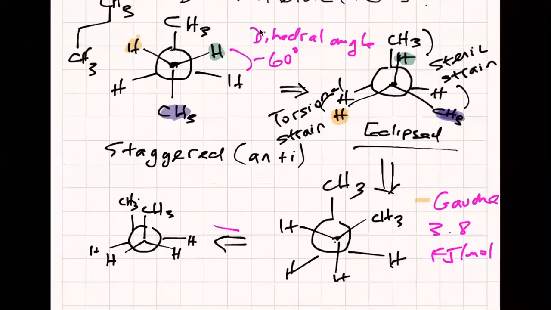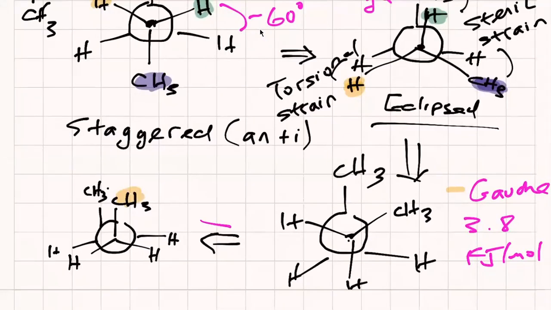So what your methyl eclipsing interaction, I think that costs 11 kilojoules per mole.